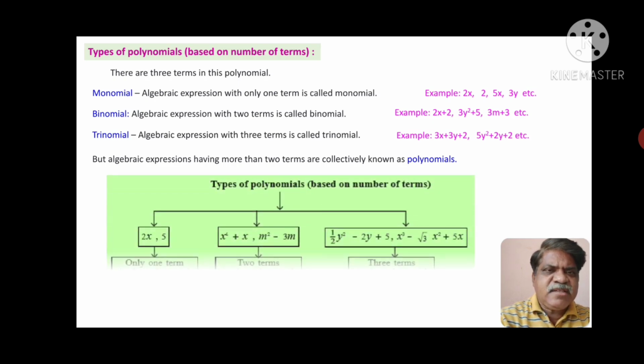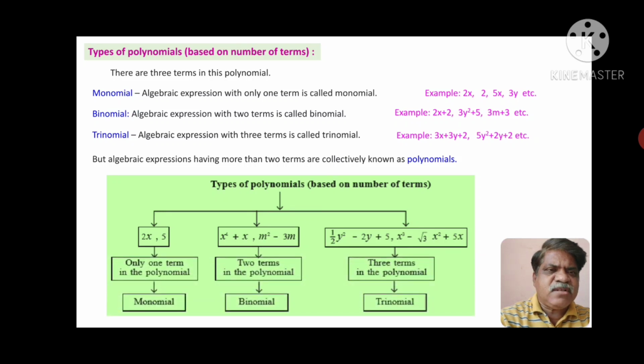Friends, here you can see the types of polynomials based on the number of terms. First, 2x and 5, only one term, therefore it is a monomial. In the second, x square plus x, m square minus 3m, two terms, therefore it is a binomial. Half y square minus 2y plus 5, or x cube minus root 3x square plus 5x, three terms, so it is a trinomial.